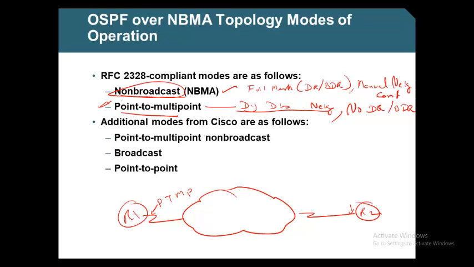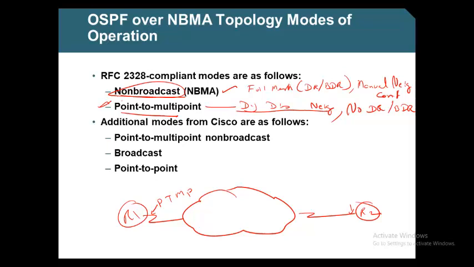Now these two are as per RFC 2328, industry standard modes. You will find in Juniper router, these two. These three which you see down is a Cisco. Additional modes from Cisco.